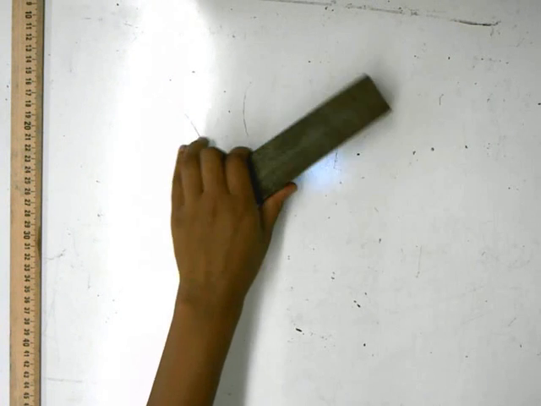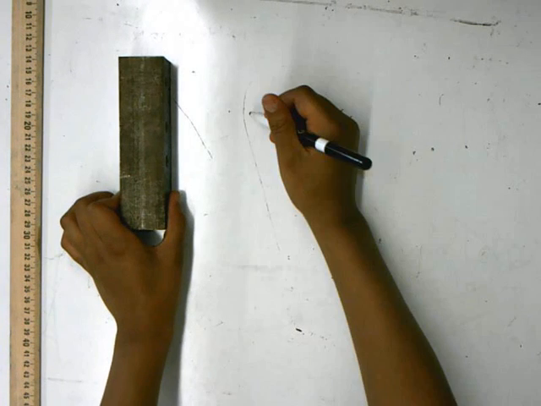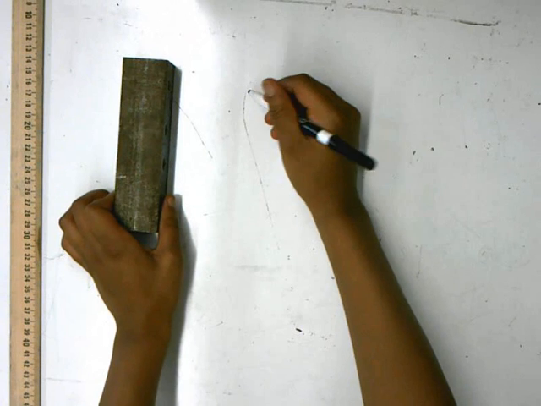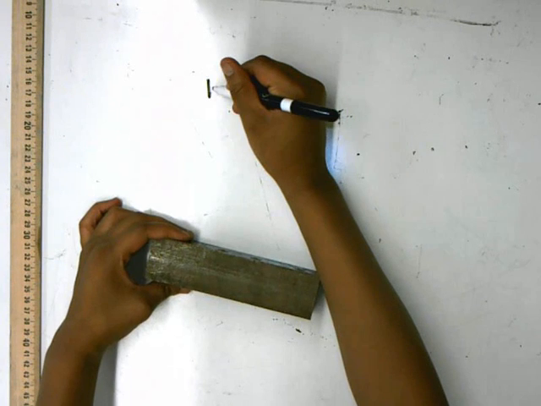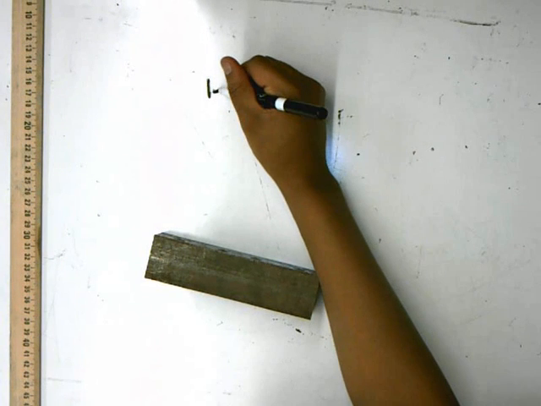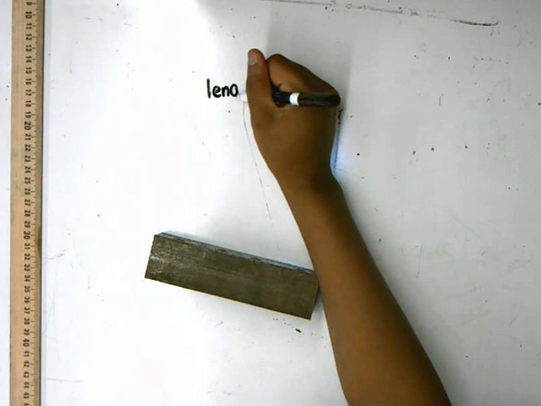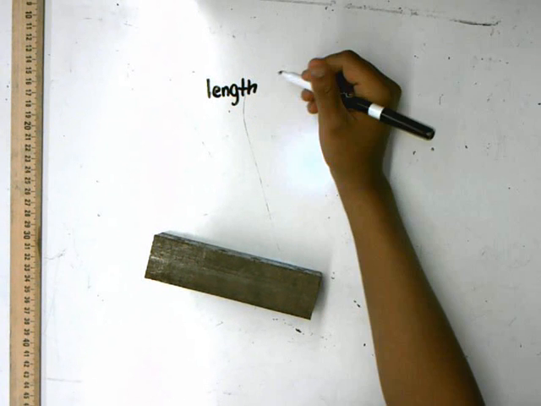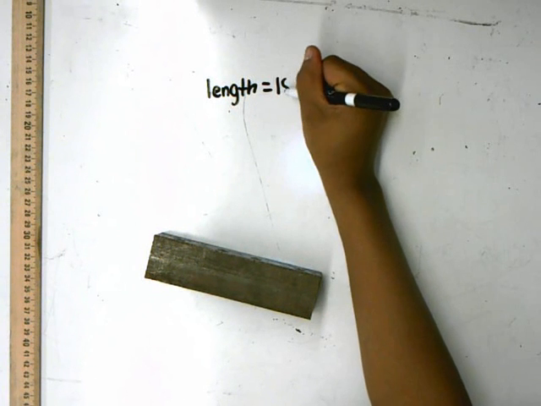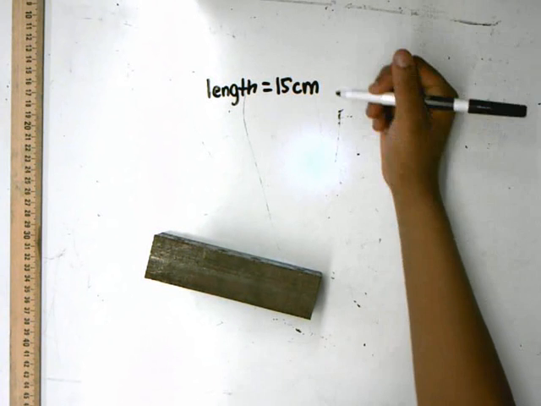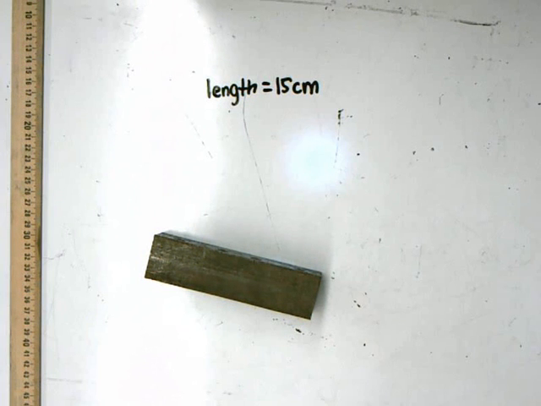And just to give a heads up, I'm going to use SI units, which means that I'm going to be using centimeters, and I'm not going to use inches because that's the English unit.